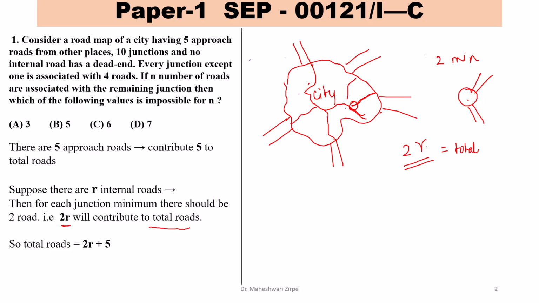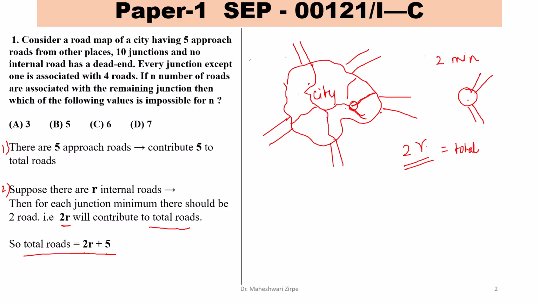Now what will be our new formula from this? Since 5 approaches are there, 5 roads will also contribute to the total roads. So it will be 2R plus 5. Okay, total roads will be 2R plus 5. Now let us see the next part.